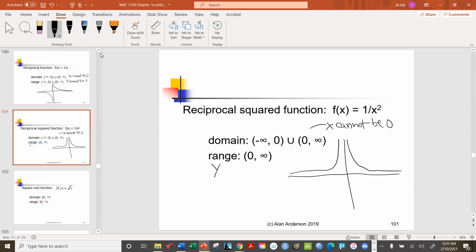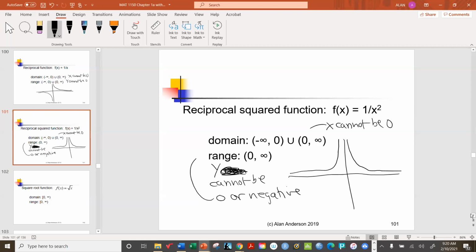And y cannot be 0 or negative. That's why the range looks like that. All right. And I think we already understand why this is the case.